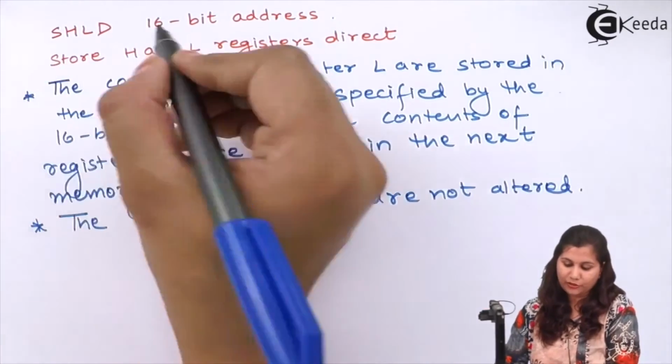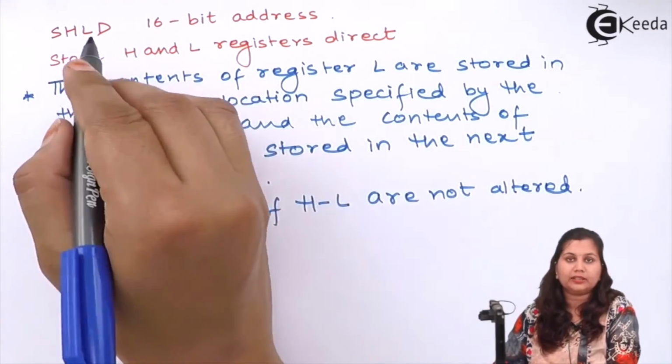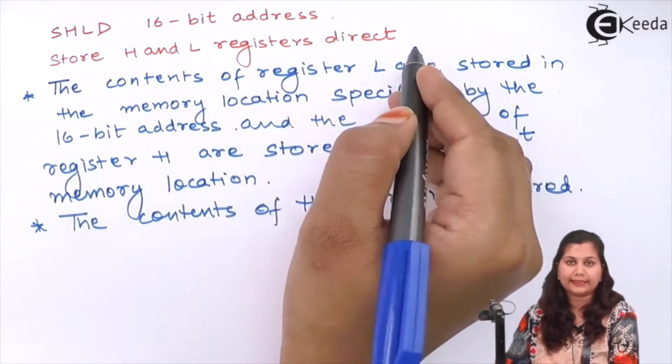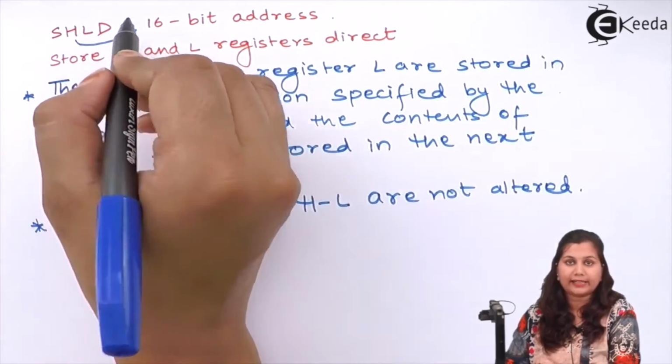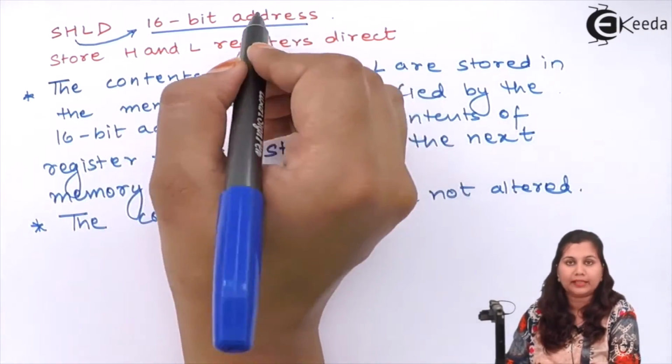So this instruction is storing the H and L registers directly. That is, the contents of the H and L registers are directly stored at this 16-bit address.